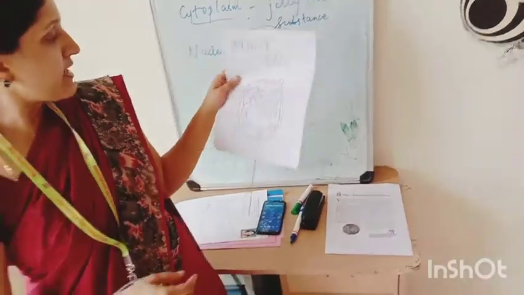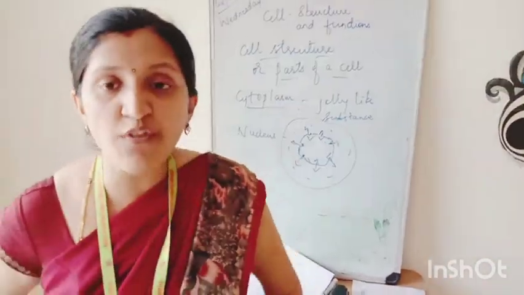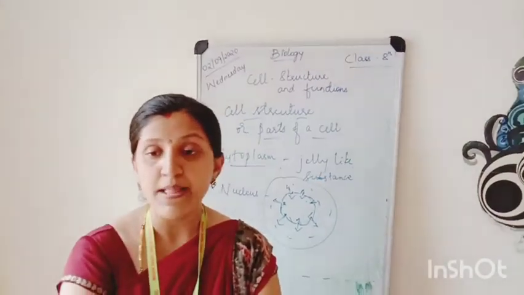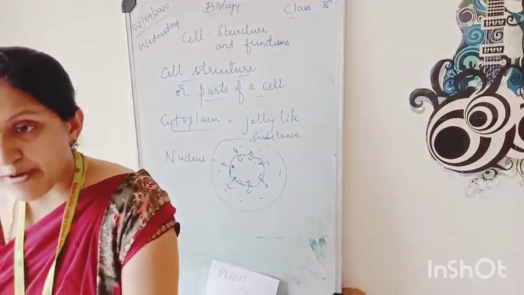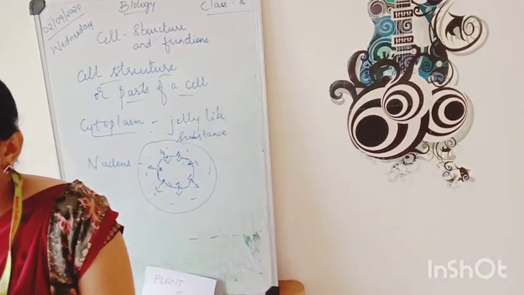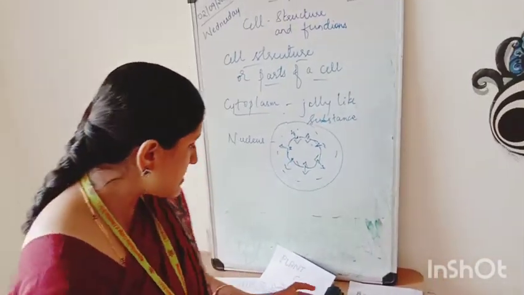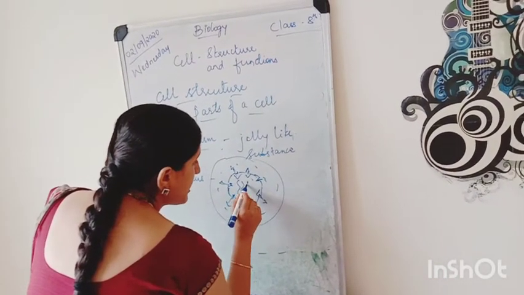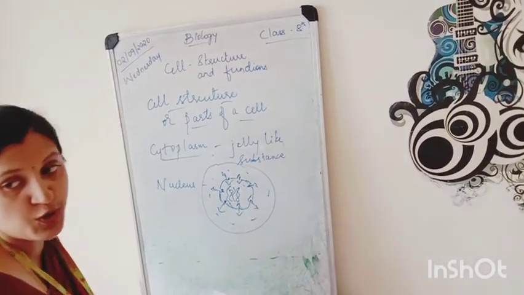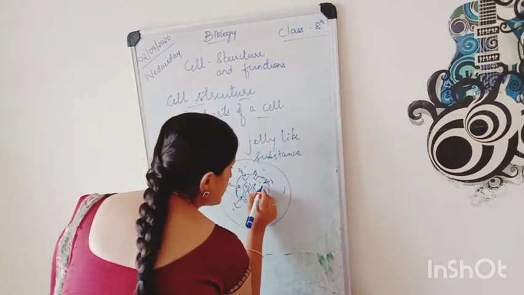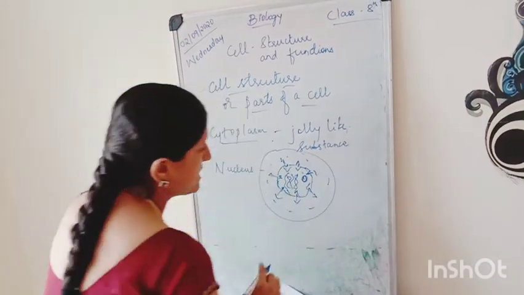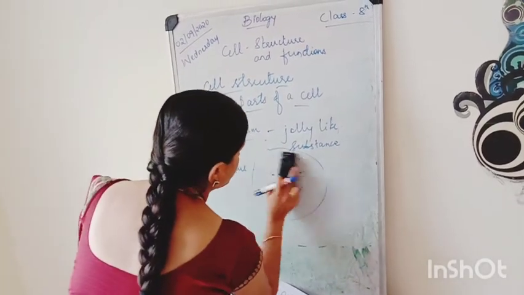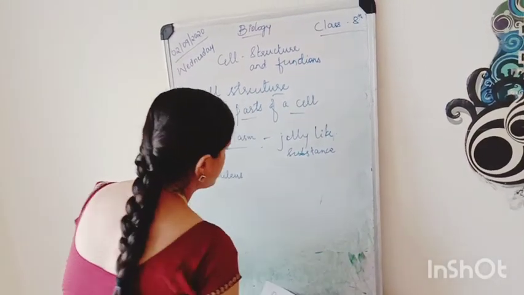Let's discuss prokaryotes and eukaryotes here. Inside the nucleus there is genetic material present, that is chromosomes or genes. Then there is one more thing, the nucleolus. I'll draw it again.